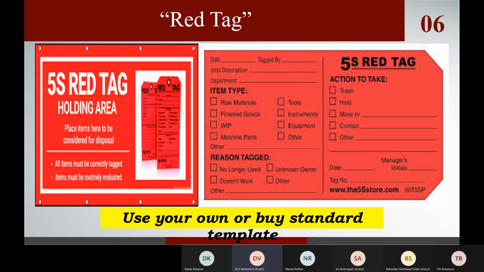Okay. So if you look at this red tag, it has a lot of things. It's self-explanatory, and we are not going to spend a lot of time on it. This is one tool. Basically, it will identify your material and what you are going to do with it. That's the purpose of this. If it is a small organization, a startup, or a niche organization, I would suggest using your own methodology.